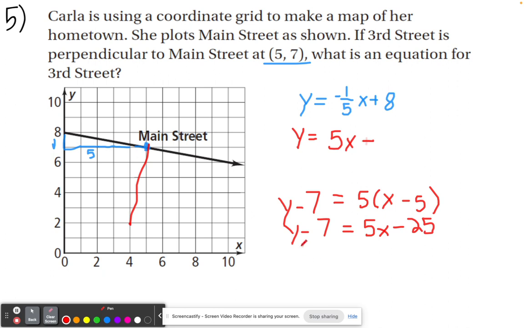Last step, I'm going to add 7 to both sides. And y equals 5x minus 18. And that makes sense because this just goes over 1 every 5. It's going to go down quite a ways.